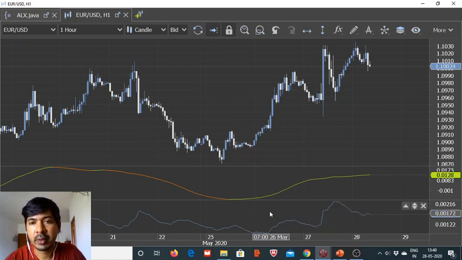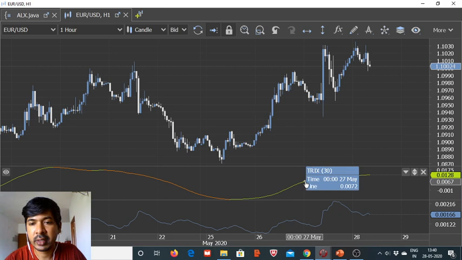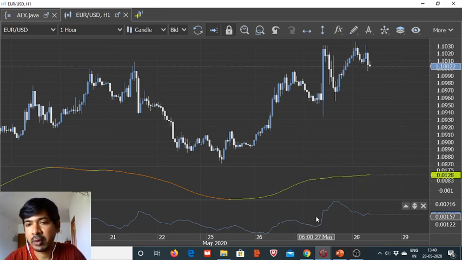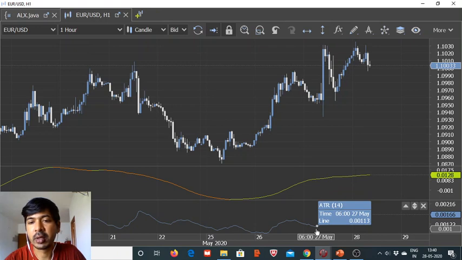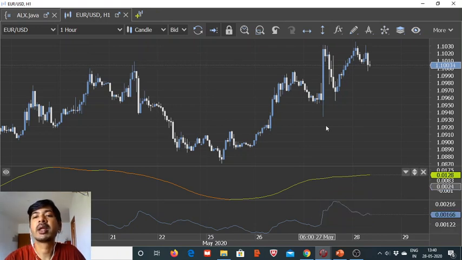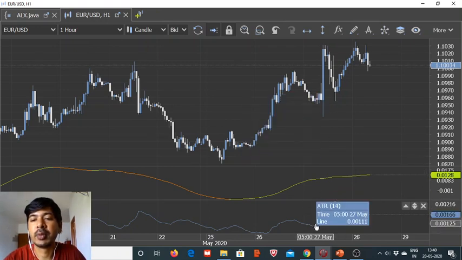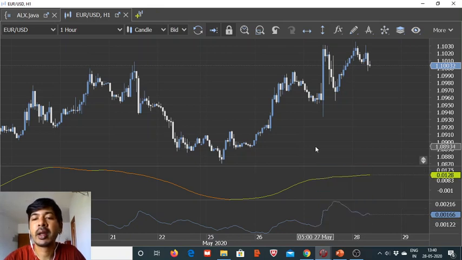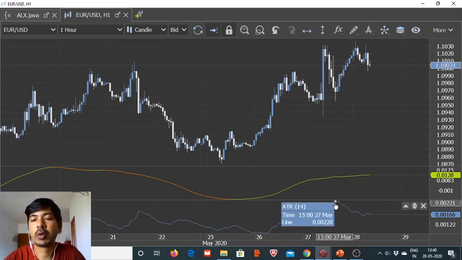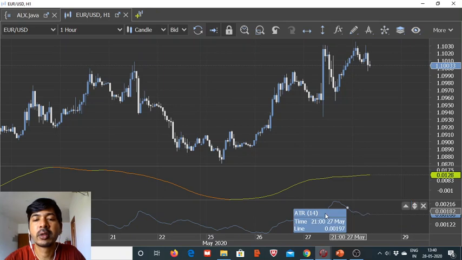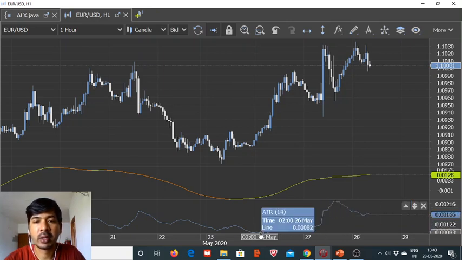So here, as you can see, the TRIX is rising, and if we consider the ATR here, it is around 11 pips, so we can keep our stop losses in multiples of this hourly ATR. Later on the ATR goes on to rise and then again it falls, and here somewhere around 2 GMT of 26th May the ATR is even lower, around 8 pips.